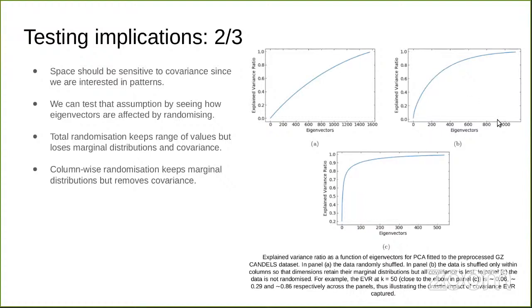When you just randomize the columns, which is like keeping the marginal distributions of all the pixels but losing all covariance, you start to get a curvature. But when you leave the data as it is, with the covariance in place, you get this massive curvature, i.e. the number of eigenvectors that it takes to explain the space, given the covariance, becomes exponentially smaller. You want that to be the case because your spatial morphology is really embedded in the covariances. So you want your final space to be really responsive to covariance, and this diagram tries to motivate that fact.